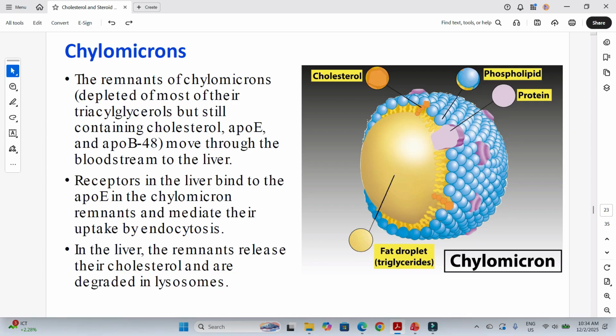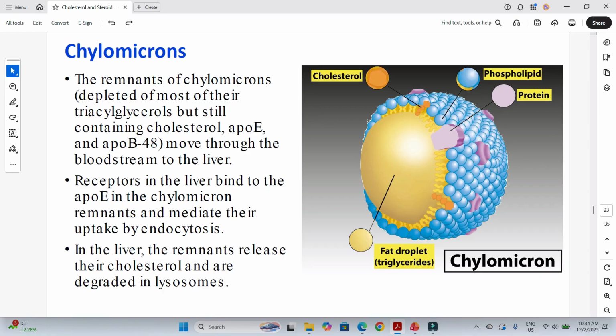Of course, after it has delivered its triacylglycerol cargo from the intestine to the target tissue, like adipose, heart, lactating mammary tissues, etc. All right, so the receptors in the liver bind to the ApoE in the chylomicron remnants and mediate their uptake by endocytosis. All right, in the liver, the remnants release their cholesterol and are degraded in the lysosomes.